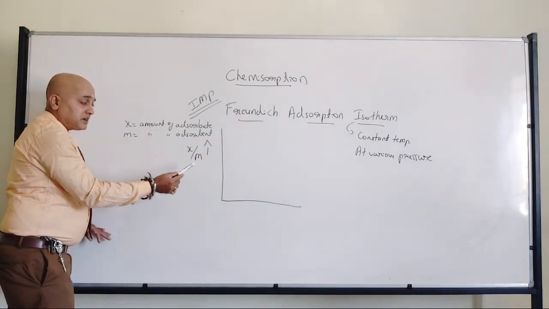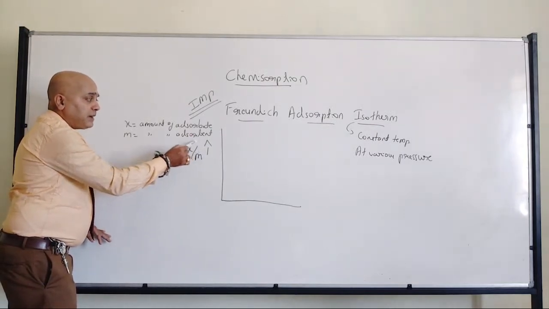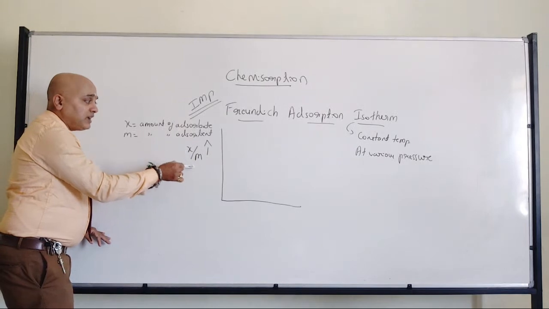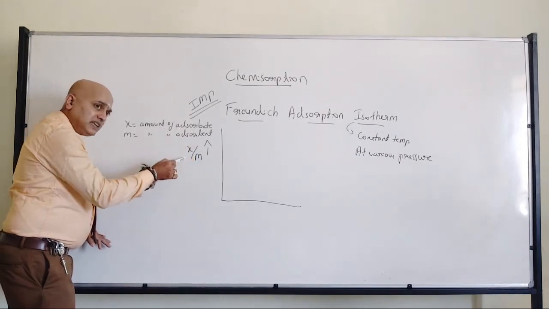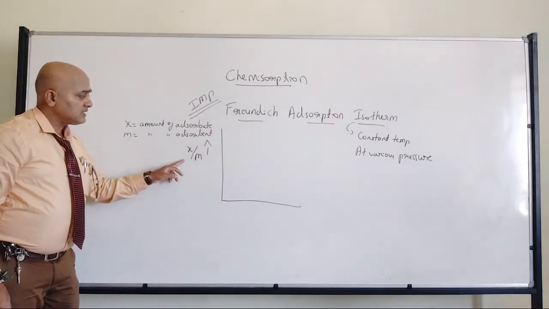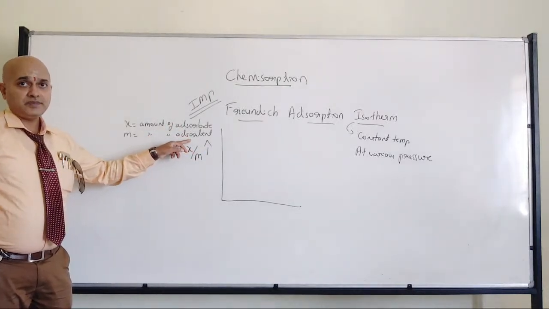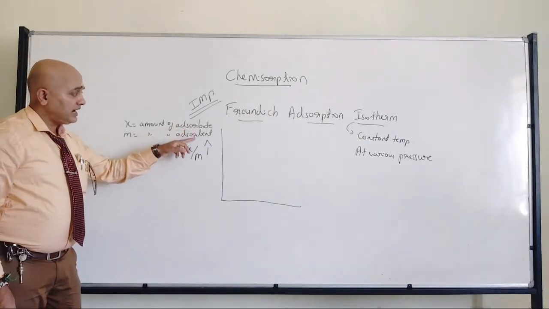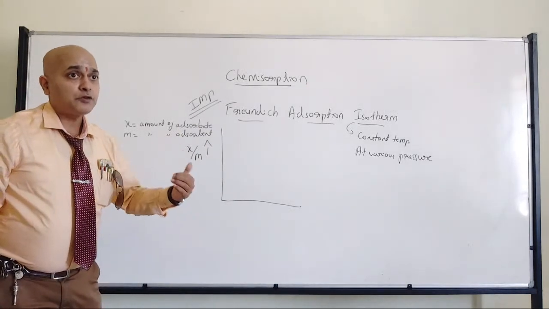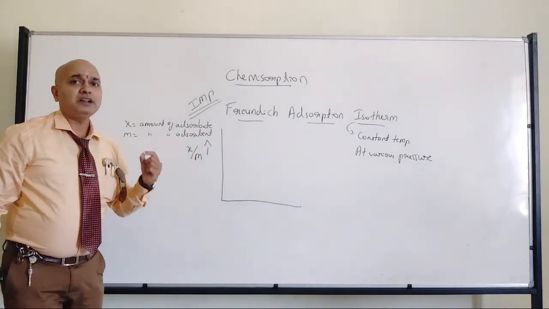In the opposite direction, as m increases, x by m decreases, and as x decreases, x by m decreases. So the x by m value tells about the efficiency and suitability of the adsorbate and adsorbent, whether the combination we have taken is a good combination. That's what the x by m value tells.